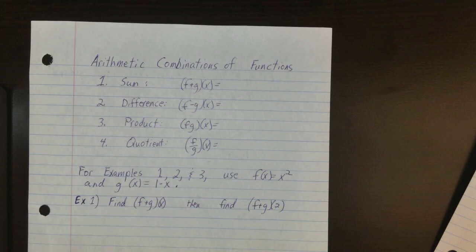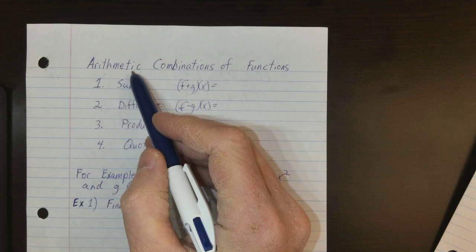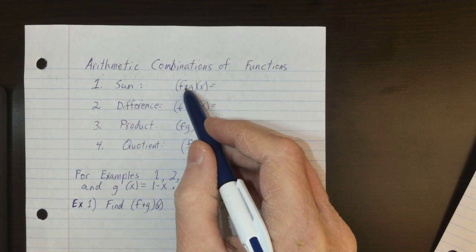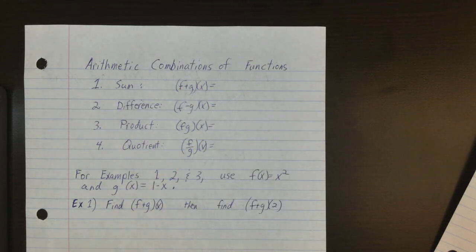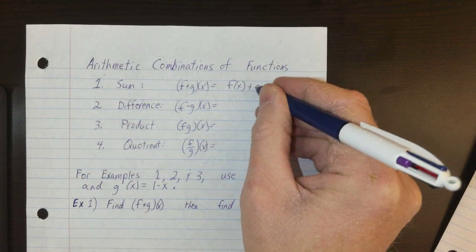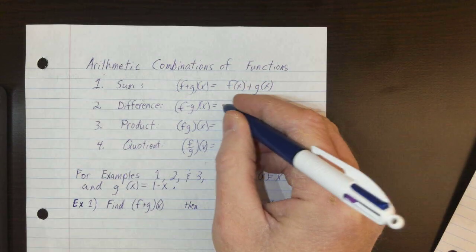Hi everybody. We have today just the arithmetic combinations of functions, and we get sum, difference, product, and quotient. When we have an f of x and g of x, f plus g of x is simply f of x plus g of x.